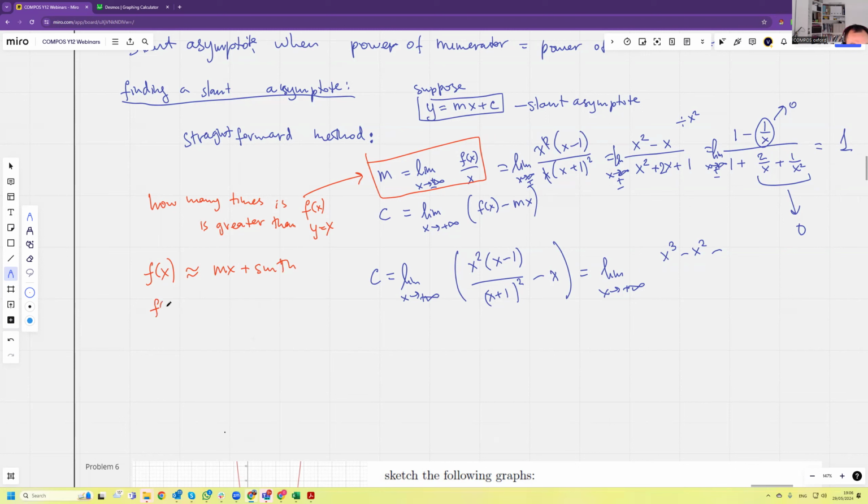And then f of x divided by x is going to be approximately m plus something over x. And as x tends to infinity, this becomes 0. I hope that makes more sense.